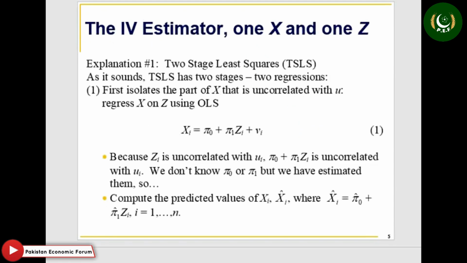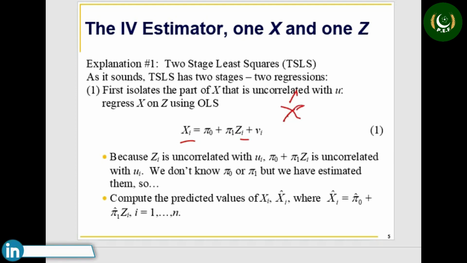So what do we do? There are two stages. This is two-stage least squares. First of all, we regress X on Z, and from this we get X hat.